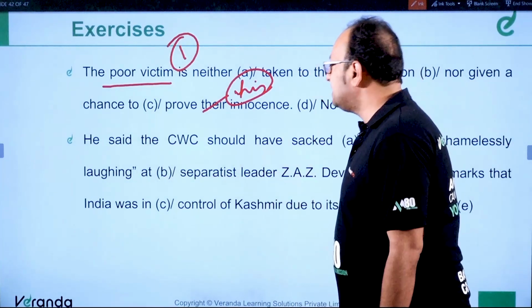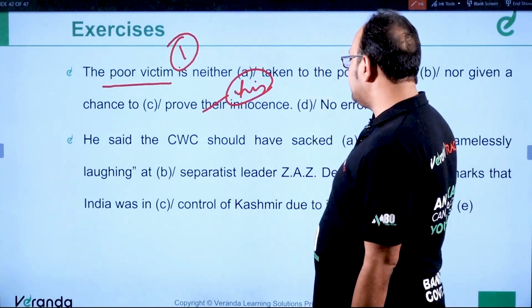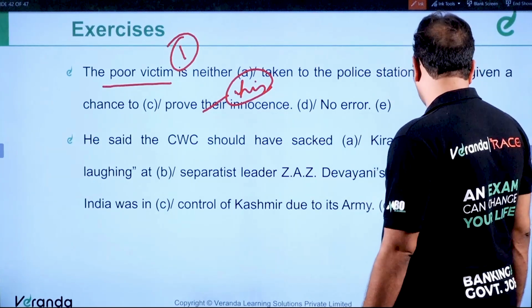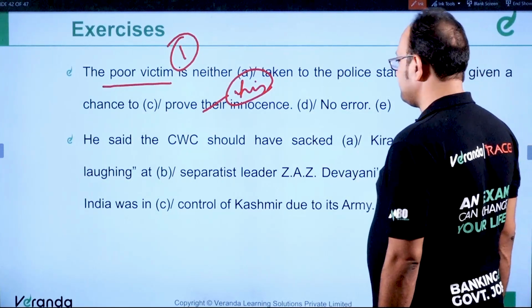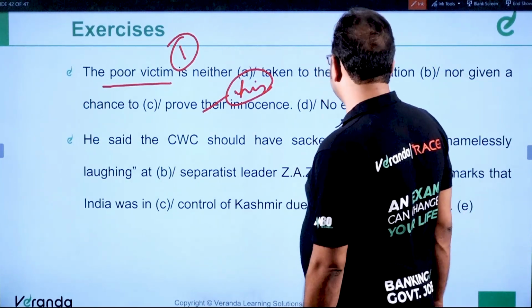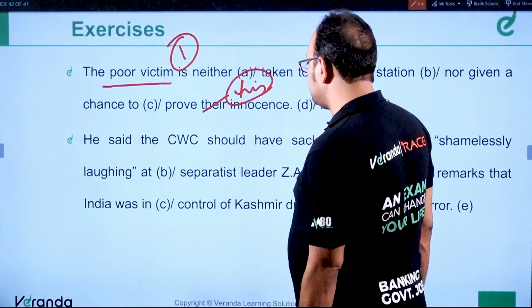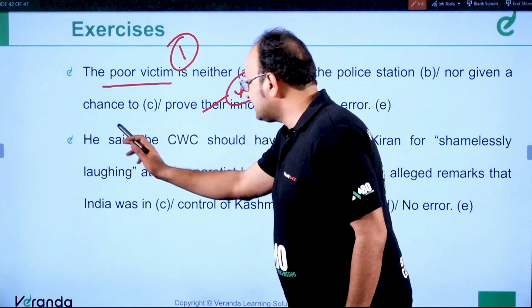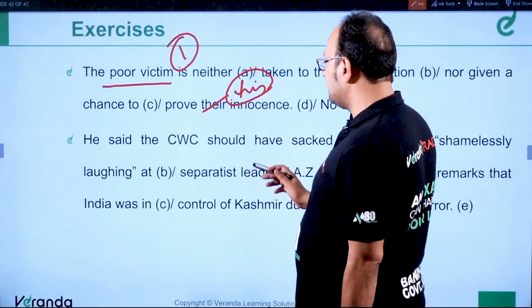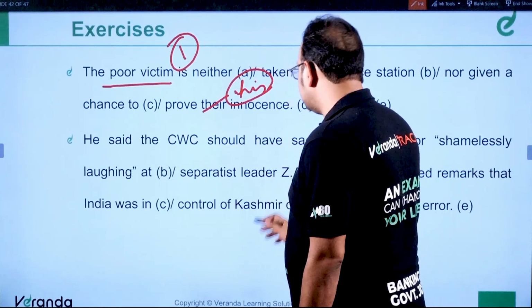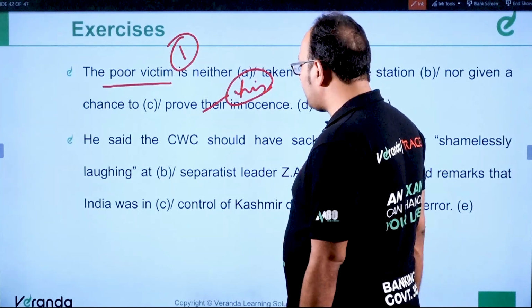He said the CWC should have sacked Kiran for shamelessly laughing at separatist leader ZAS Devyani's alleged remarks that India was in control of Kashmir due to its army.